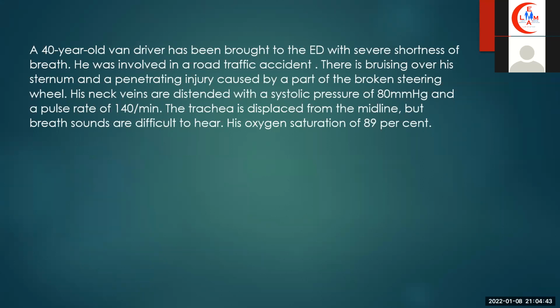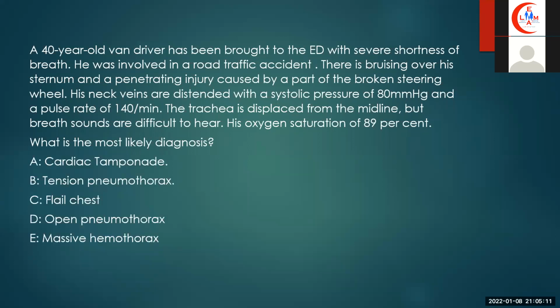His neck veins are distended, with a systolic blood pressure of 80, and pulse rate is 140 per minute. The trachea is displaced from the midline, but breath sounds are difficult to hear. His oxygen saturation is 89%. What is the most likely diagnosis?